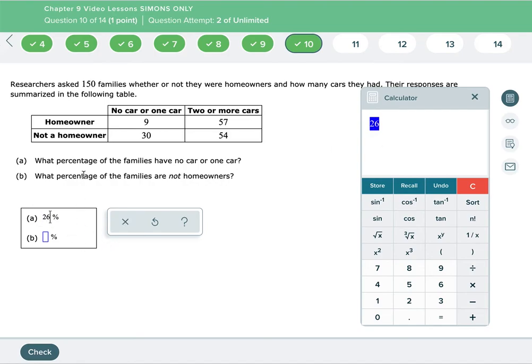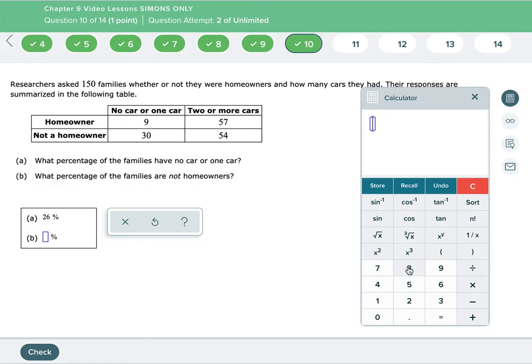All right, letter B. What percentage of the families, so they mean all the families, don't own their own home, are not homeowners? That would be this and this, so 30 and 54. So it's 30 plus 54, which is quite a lot according to this. All right, 84.